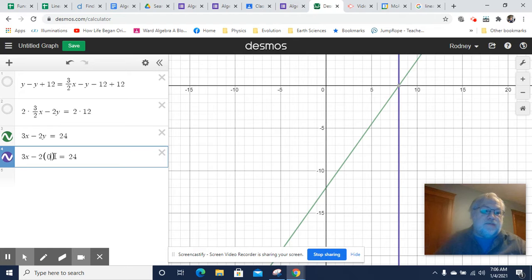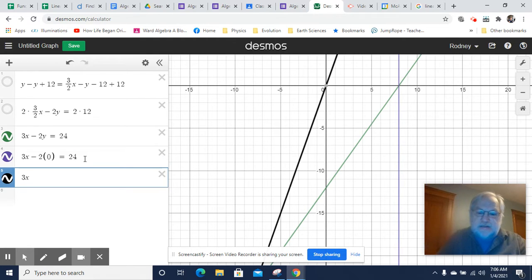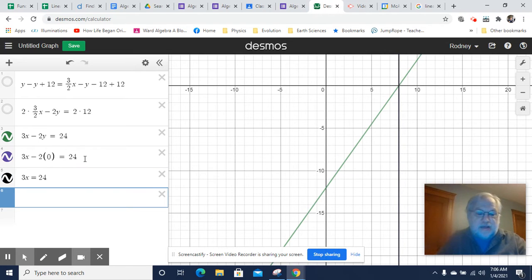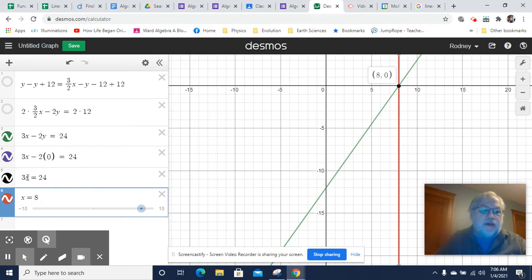Now, since I made y 0, I don't care about minus 2 times 0 because that's just 0. So I'm just left with 3x equals 24. And I just divide both sides by 3, and x will be 8. So 8 is my x-intercept, and I click on there. You can see (8, 0) is the x-intercept point. Now, what about the y-intercept?